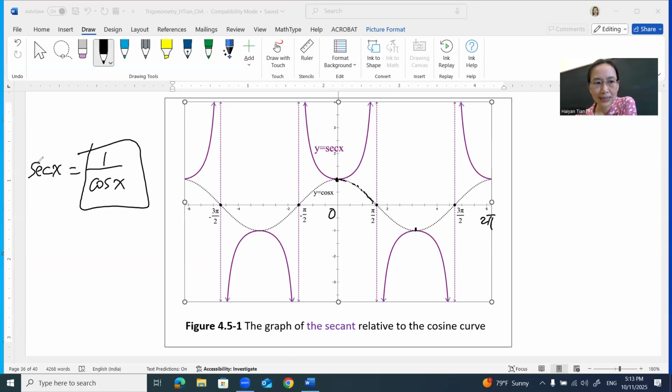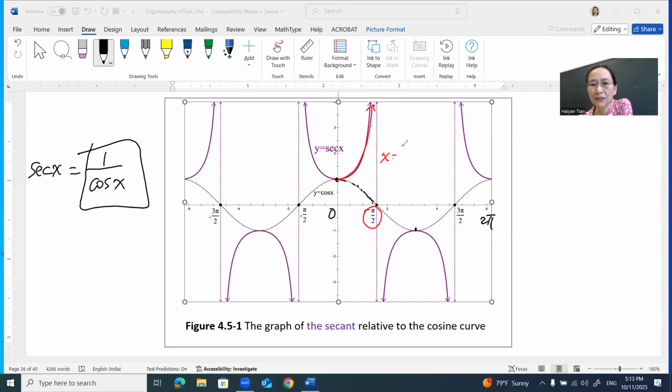So we notice an increasing curve. This shows the reciprocal of cosine is increasing when cosine is approaching 0. When cosine gets sufficiently close to 0, the secant function will increase without bound.